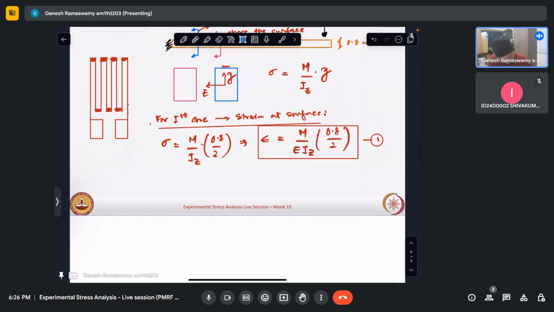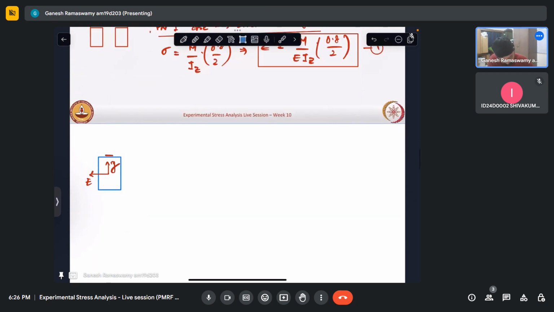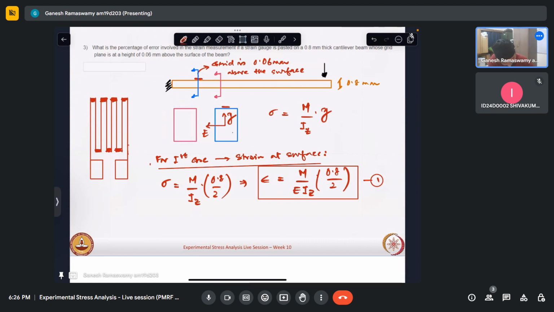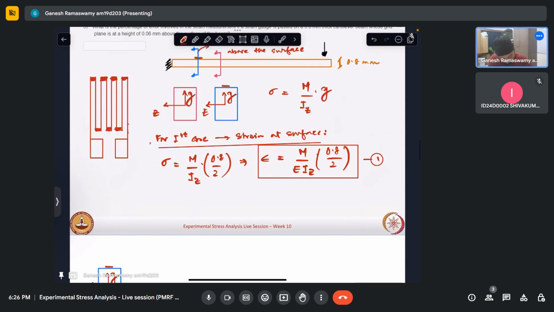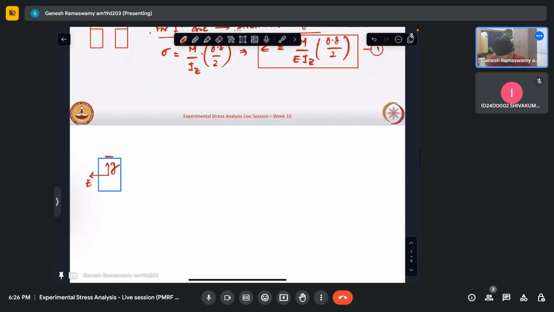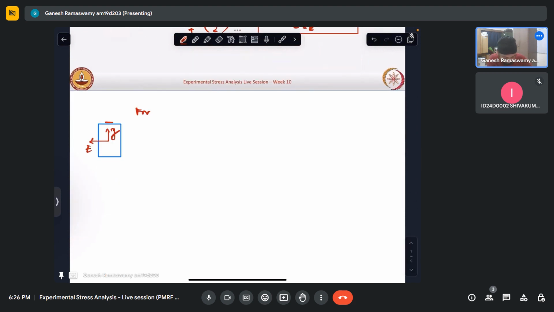Now let us consider this case. For this case, it is this. Now for the combined case, for the case where the strain gauge is installed at 0.06 mm above the surface.